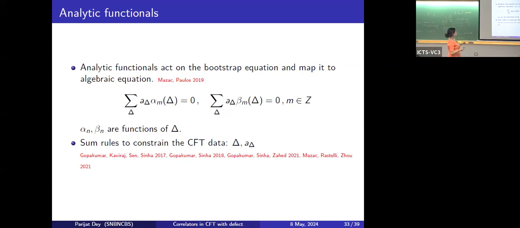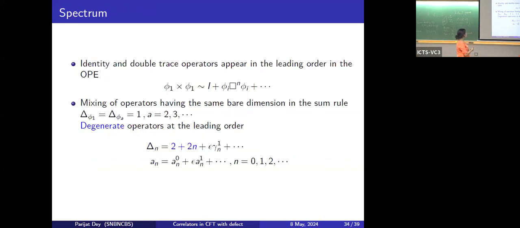Now this idea of analytic functionals is similar in spirit to the Polyakov bootstrap. One can show that they are equivalent. This was developed by Gopakumar, Kaviraj, Sen and Sinha in 2017 and subsequently studied also in these papers. So one can try to solve this equation, and we have solved it. In order to solve this, we need to assume something about the spectrum.